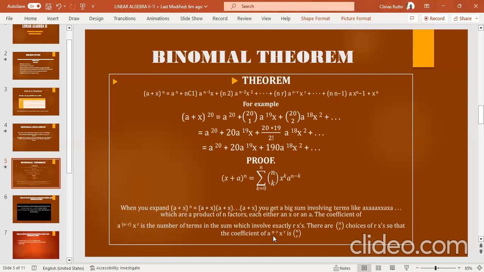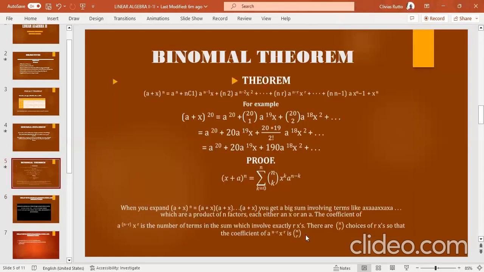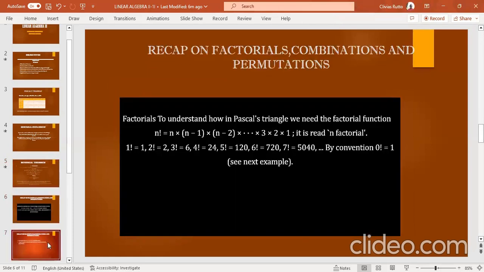So the coefficient of A to the n minus r, if k is, for example, 1 and n is, say, 10, will be the combination of 10 and 1.